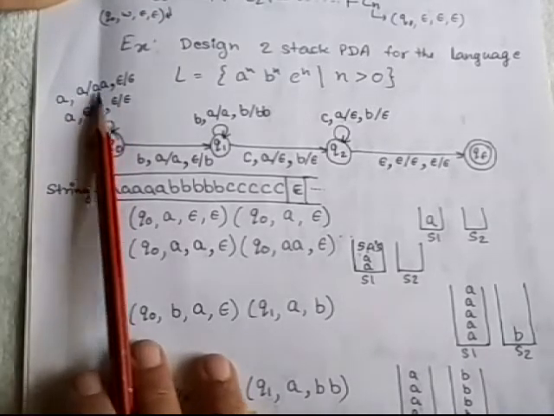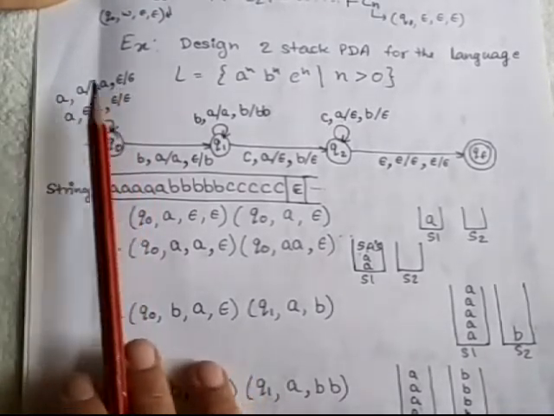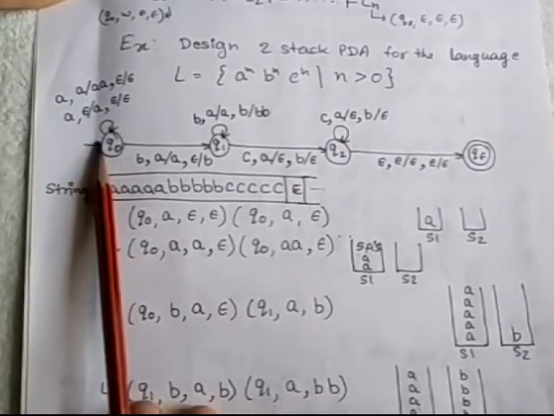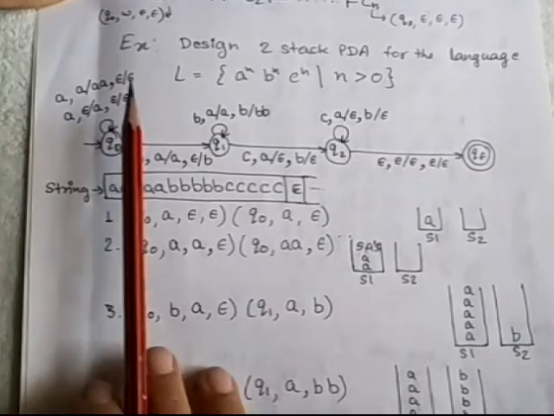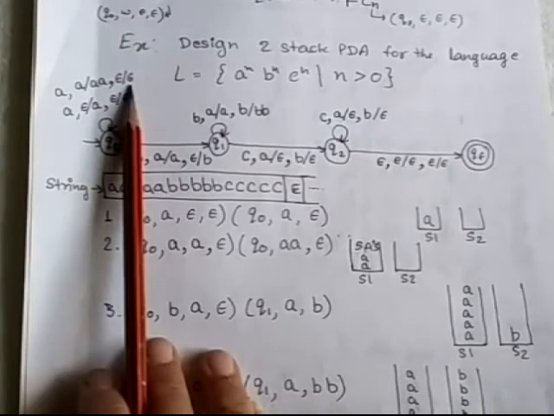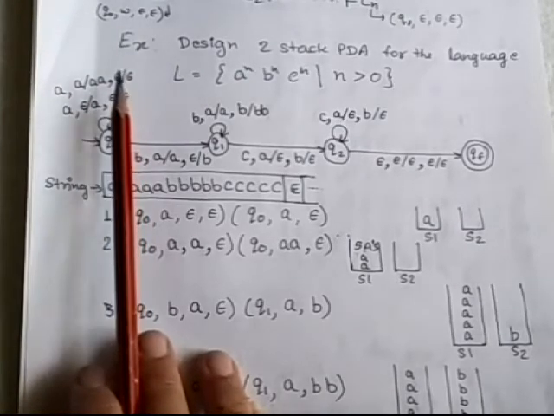Using this transition we read all the A's and push all the A's on stack 1, and stack 2 will be unchanged. We don't make any changes to stack 2.